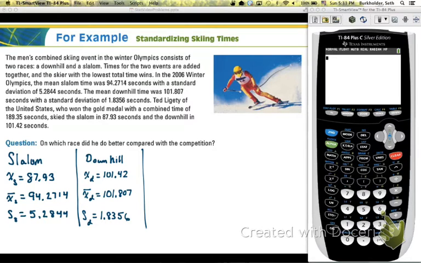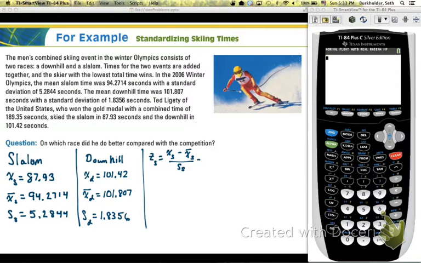So to do that, we're going to take a look at our z-scores. Let's find our z-slalom for Ted Ligety, which we will find by taking his slalom time minus the average slalom time divided by the standard deviation for the slalom times.